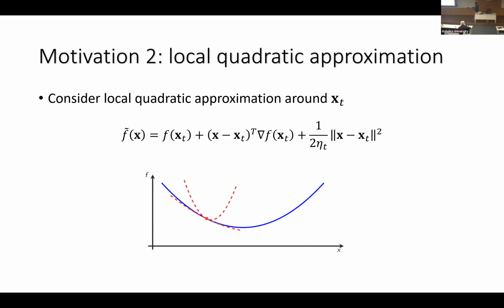This kind of approximation would look something like this, or something like this, depending on the choice of eta. If this term is very small, so eta is large, then it will be very flat. And if this term is very large, then the function will be like this, very steep.